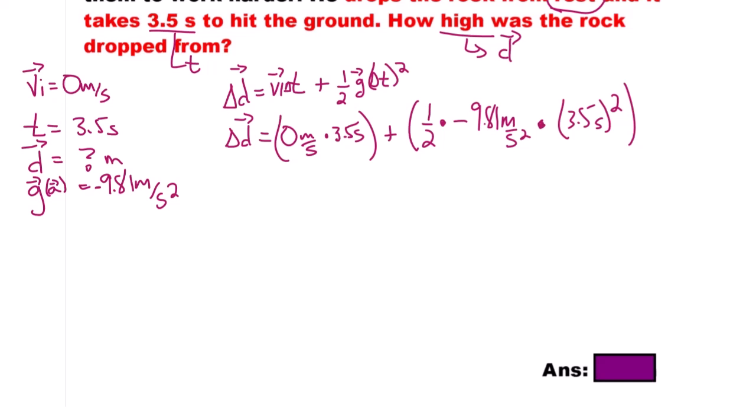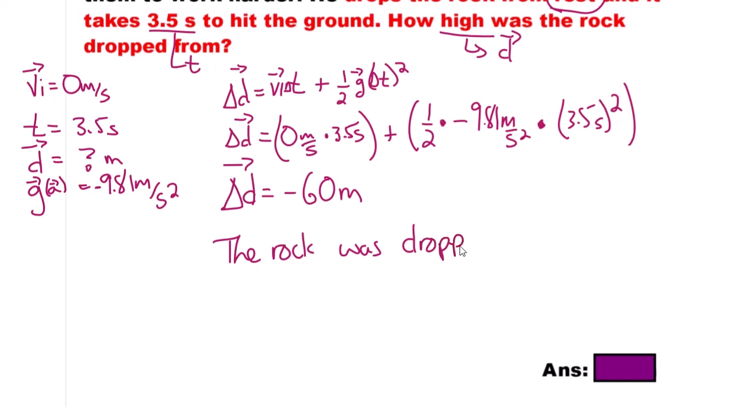So if the displacement ended up as minus 60, that's meters. That means the rock was dropped from 60 meters up.